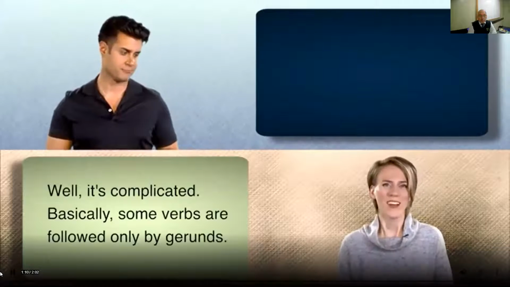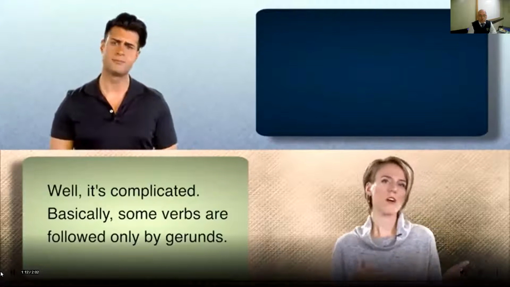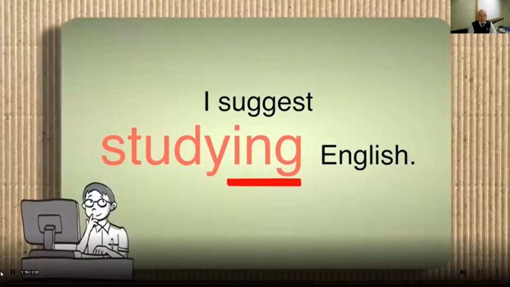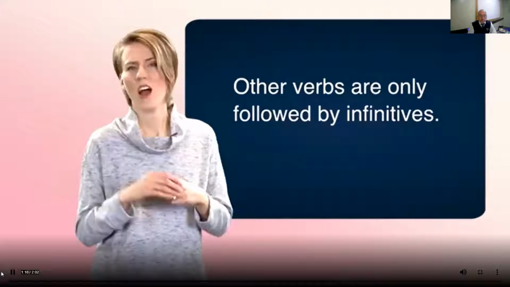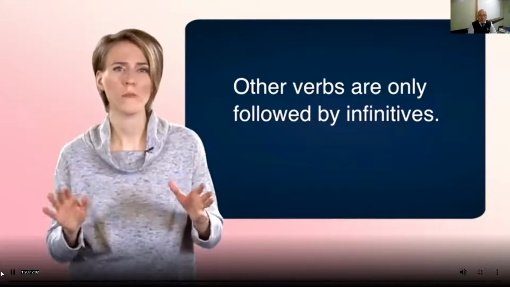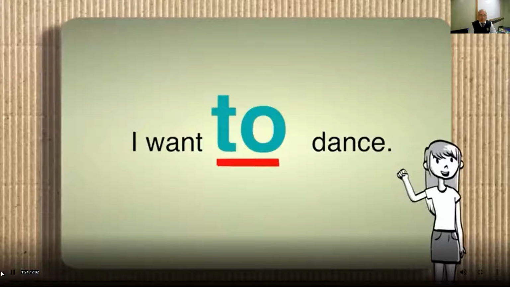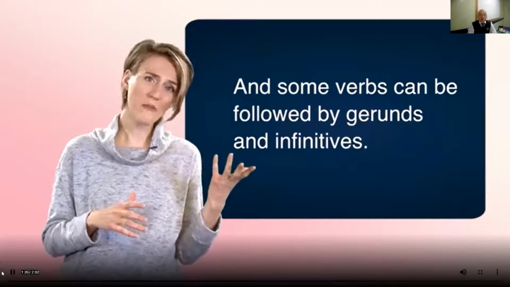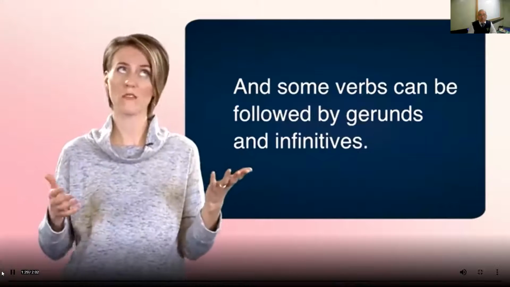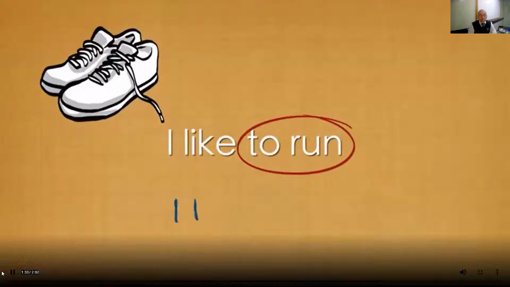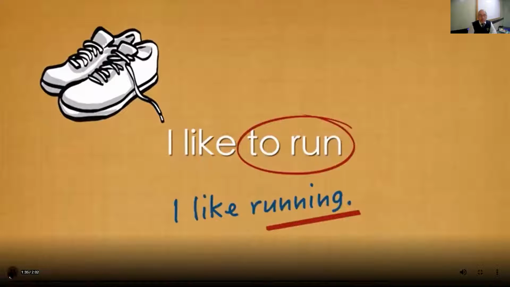Well, it's complicated. Basically, some verbs are followed only by gerunds. I suggest studying English. Other verbs are only followed by infinitives. I want to dance. And some verbs can be followed by gerunds and infinitives. I like to run. I like running.